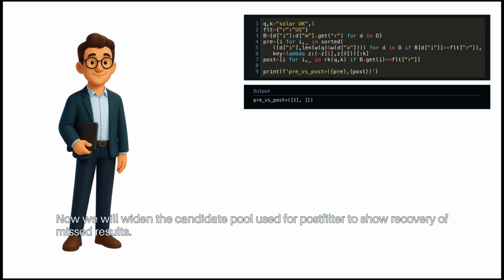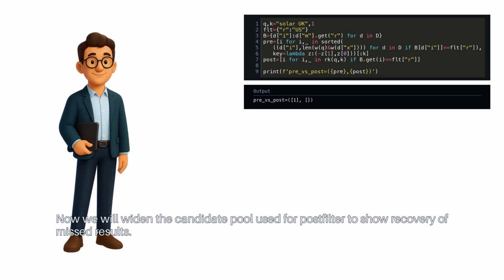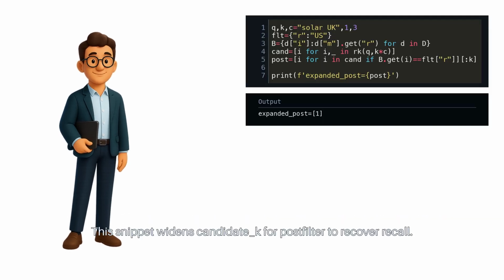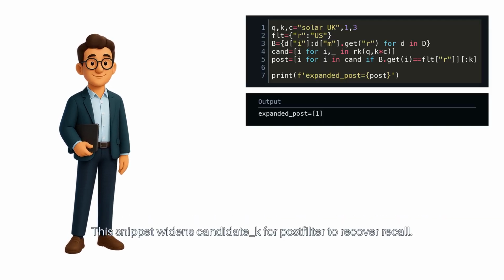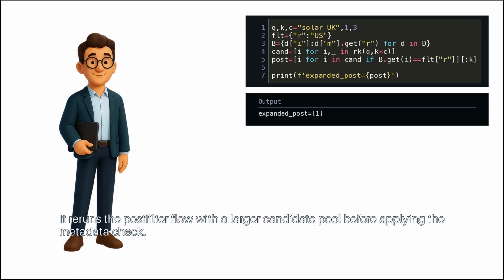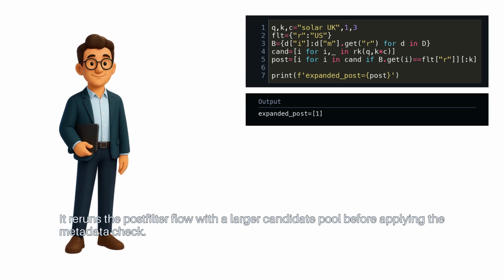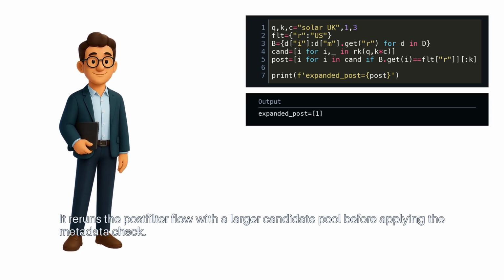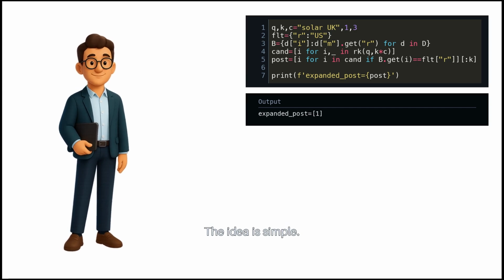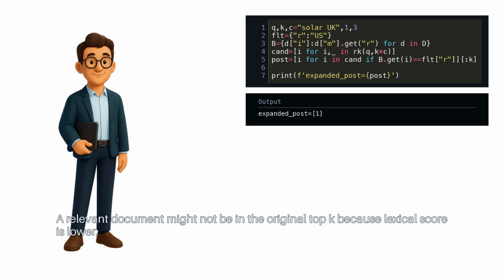Now, we will widen the candidate pool used for post-filter to show recovery of missed results. This snippet widens candidate K for post-filter to recover recall. It reruns the post-filter flow with a larger candidate pool before applying the metadata check. The idea is simple. A relevant document might not be in the original top K because its lexical score is lower.